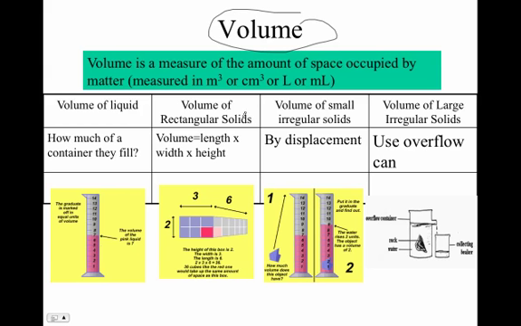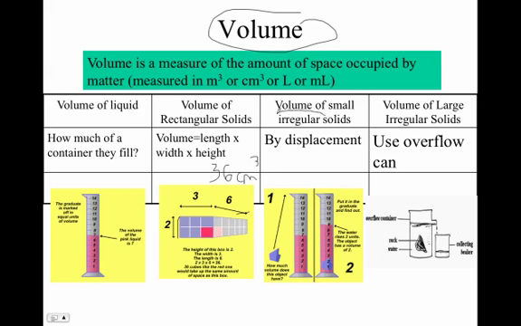If it's a regular shaped solid, then we'd use the formula length times width times height. So in this case, if this was a three-dimensional rectangular box, it would be height of 2, length of 6, and width of 3. So 2 times 3 times 6, 36 centimeters cubed would be the volume.